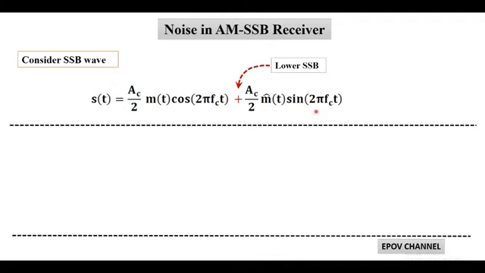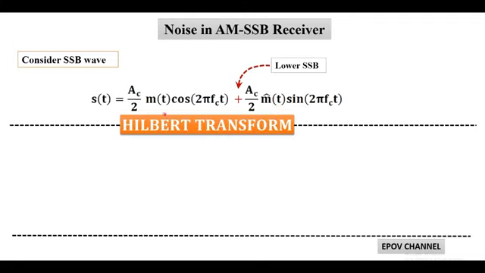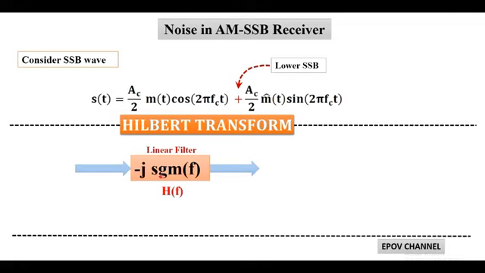As we have seen in the SSB wave equation, also called SSB suppressed carrier wave, m^(t) is called the Hilbert transform of message signal m(t). Here Hilbert transform is a type of linear filter denoted by capital H(f), and it is a type of signum function.